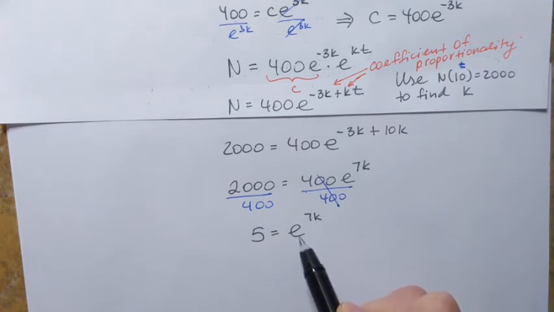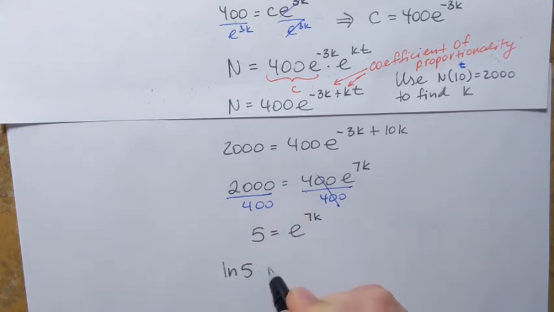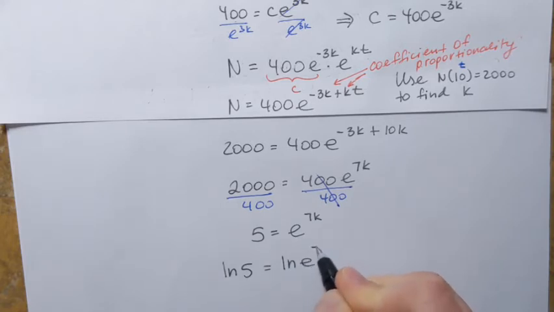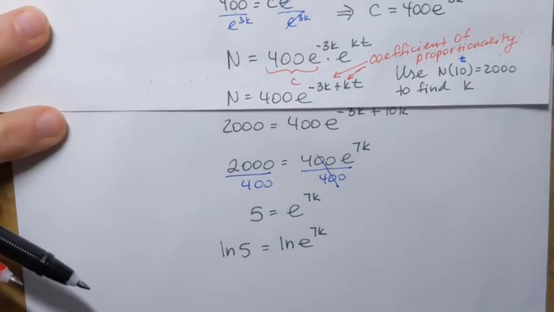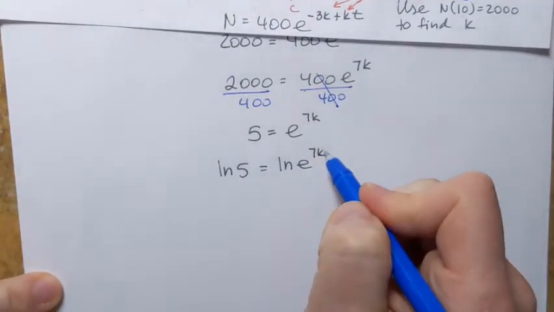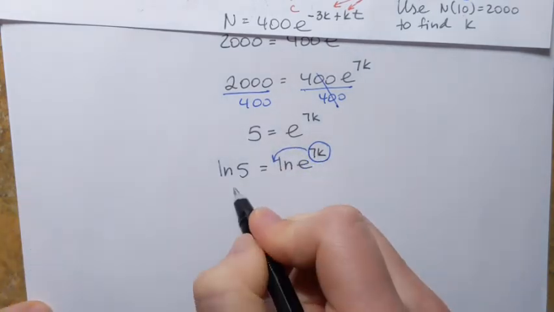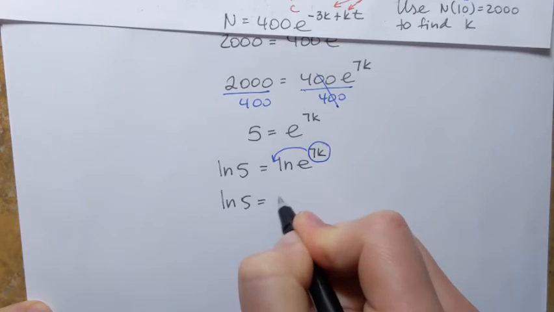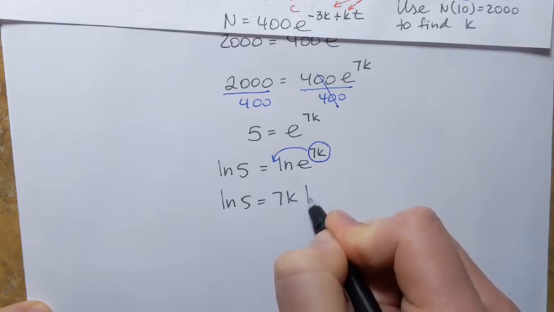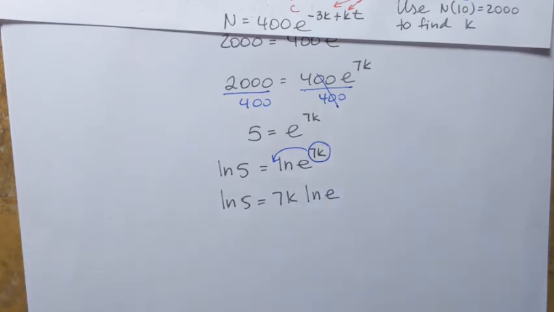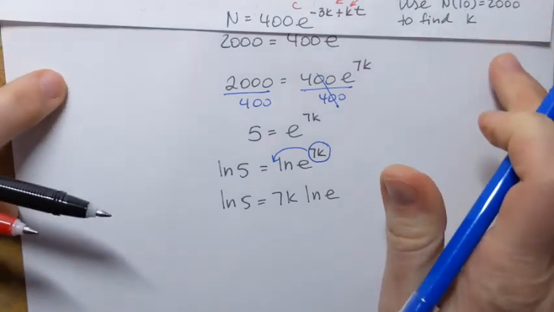Since the base here is e, it makes sense to apply the natural logarithm, ln. So I'll end up with ln of 5 on the left-hand side, and then ln of e to the power 7k on the right-hand side. We want to do that because now that power can be put in front of the logarithm. So we have ln of 5 equals 7k times ln of e. Now hopefully remember that ln of e equals 1.